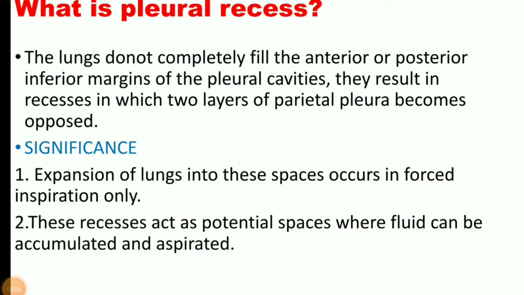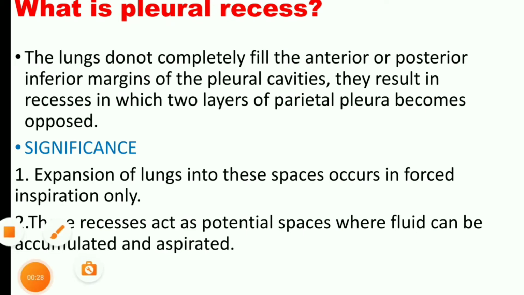now we come to pleural recess. So what is the definition of pleural recess? You remember that pleural recesses are actually the pleural cavity which are enlarged. Simply remember that pleural recesses are the potential spaces where the lungs do not reach during normal inspiration.